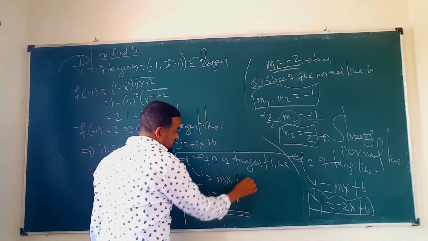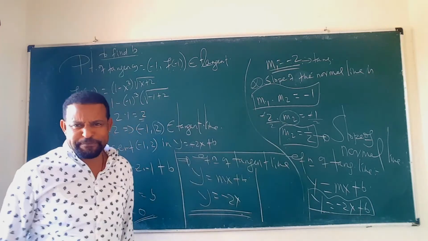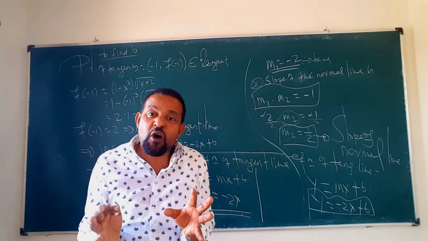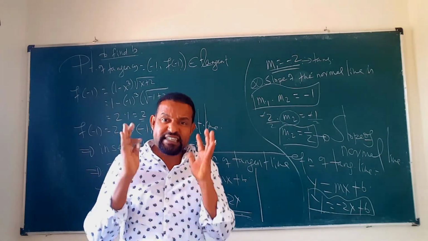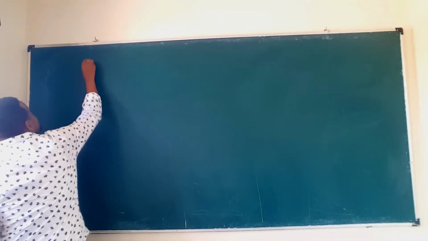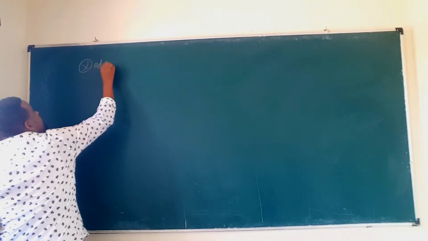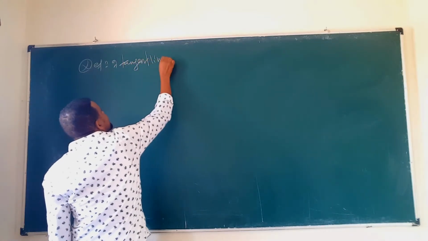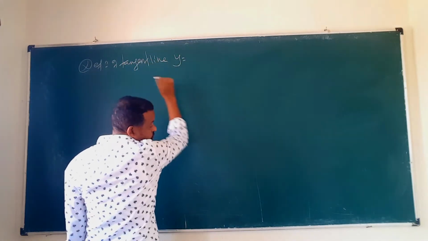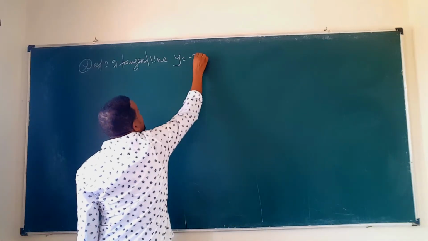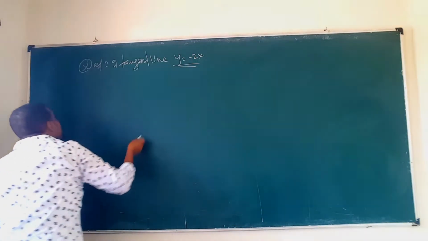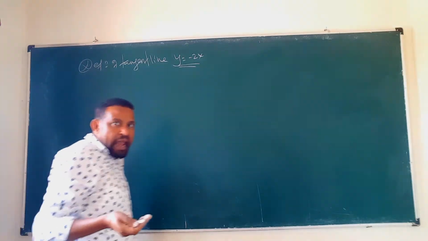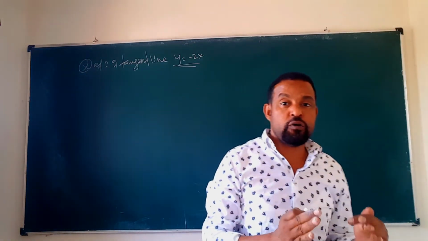So the equation of the tangent line is y is equal to -2x.